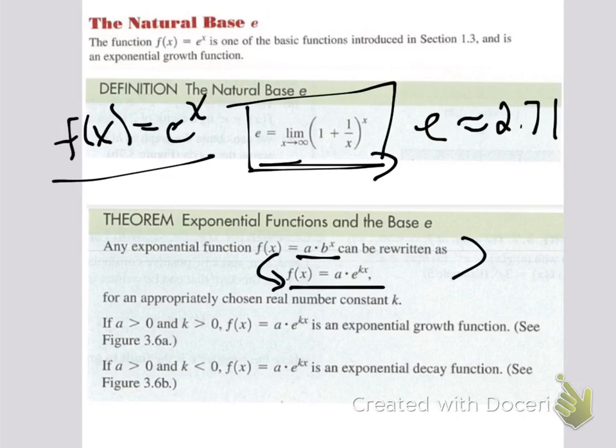Don't have to worry about that too much right now. What this is saying underneath is that if a is greater than 0 and k is greater than 0, then we're going to have a growth function. And if a is greater than 0 and k is less than 0, then we're going to have decay.